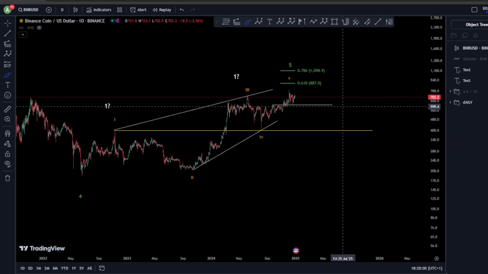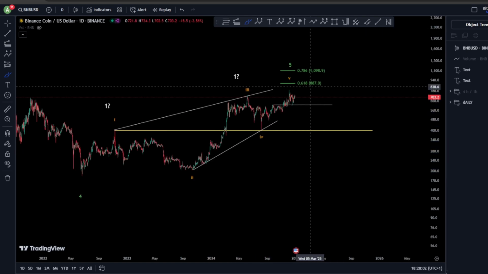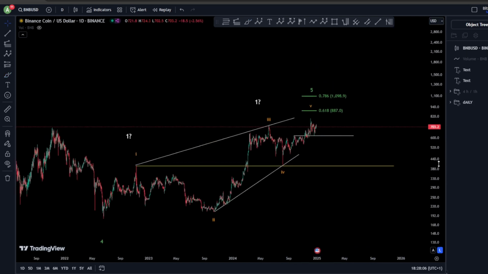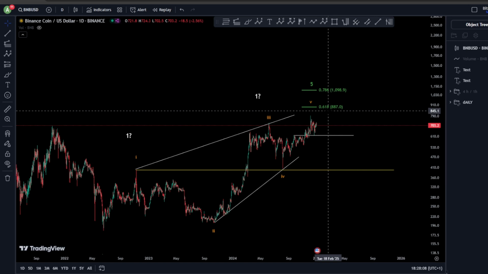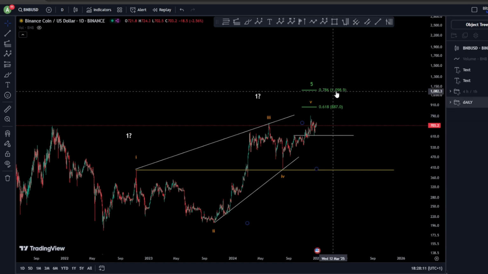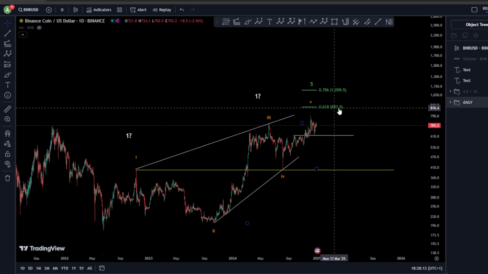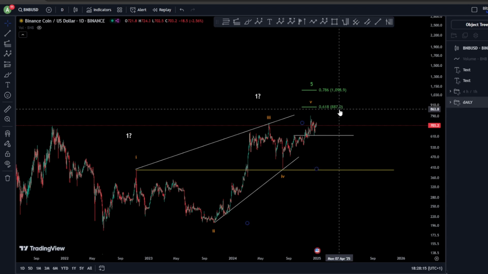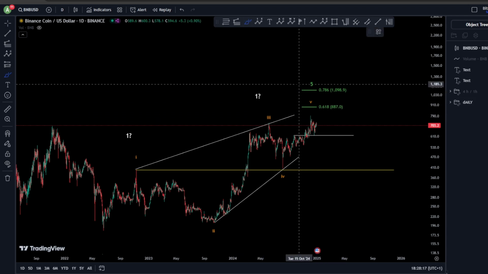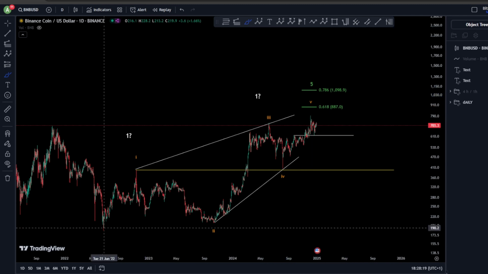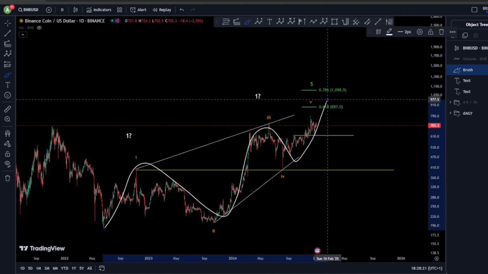Now for this wave 5, it is preferable that we reach the perfect fib levels for a wave 5 in a diagonal, which are 0.618 and 0.78, between 1,100 and, let's say, 900. So this is a perfect area to finish, at least even as an ending diagonal.